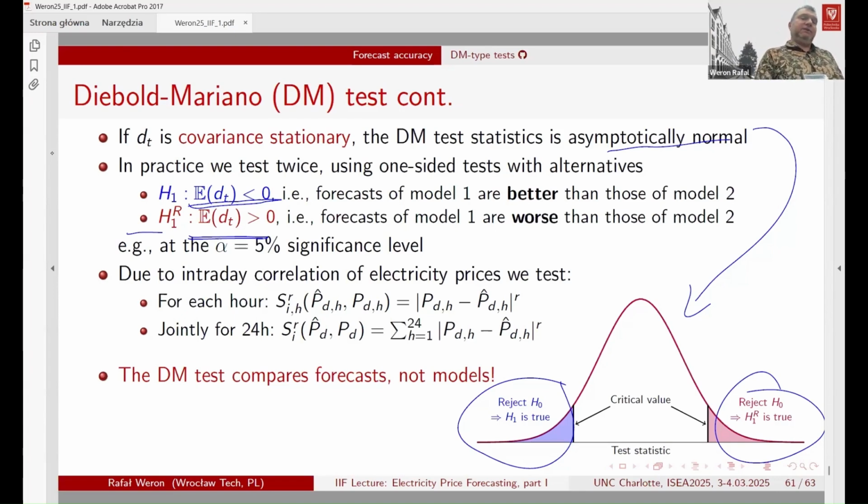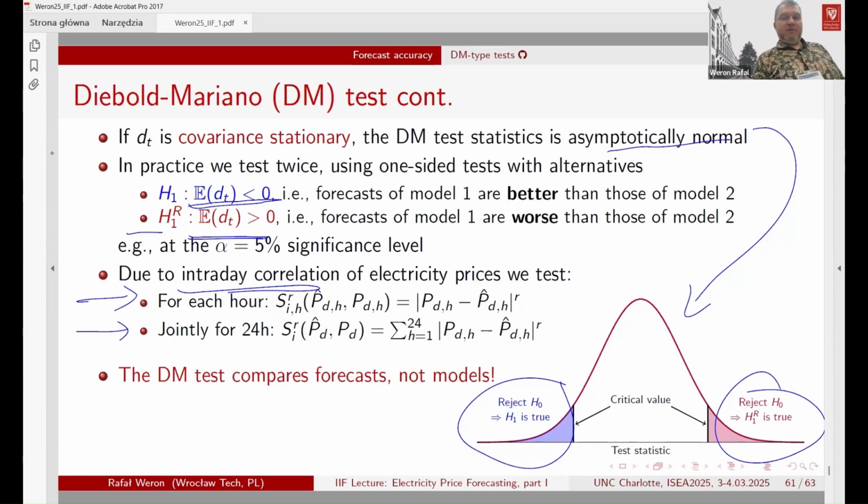And because of the intraday dependence, the structure of prices during the day, there's serial dependence. So it's not just correlation there. You cannot use the test if the data is not stationary and there's some dependence like this. So you can either do it for each hour separately, optimally for business days separately and holidays separately, or you can do it jointly.